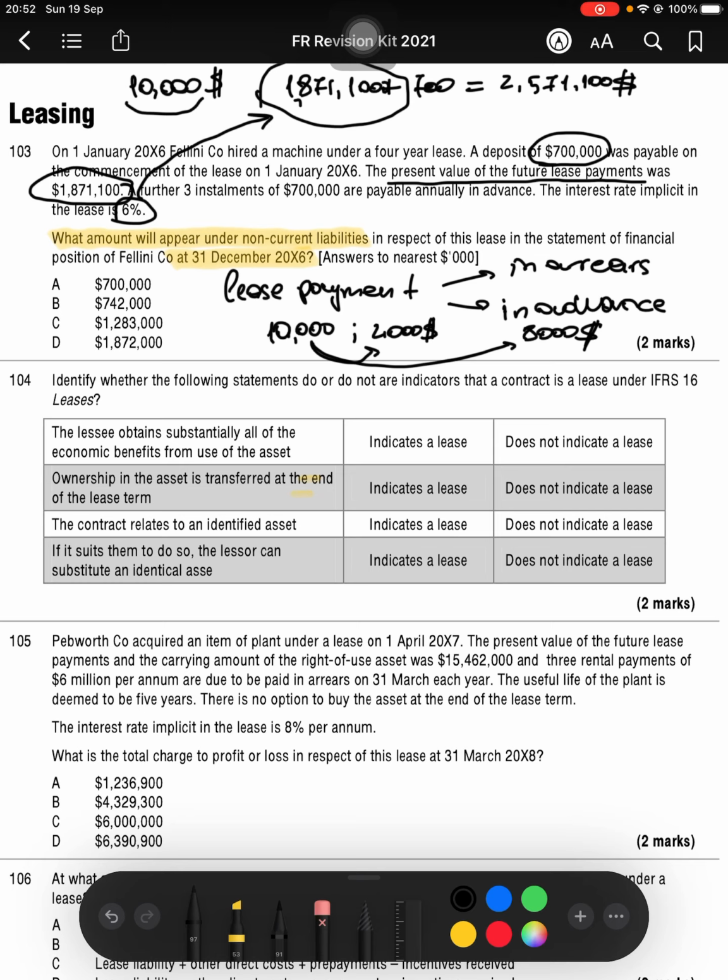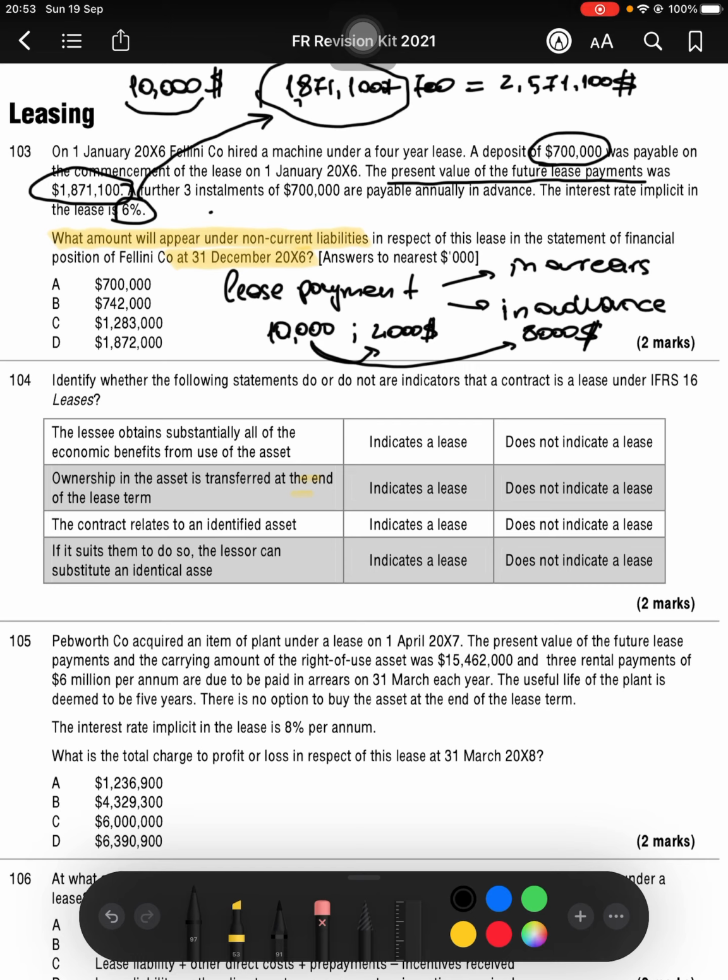So let me just calculate this through my calculator. 1,871,100 multiplied by 6%.